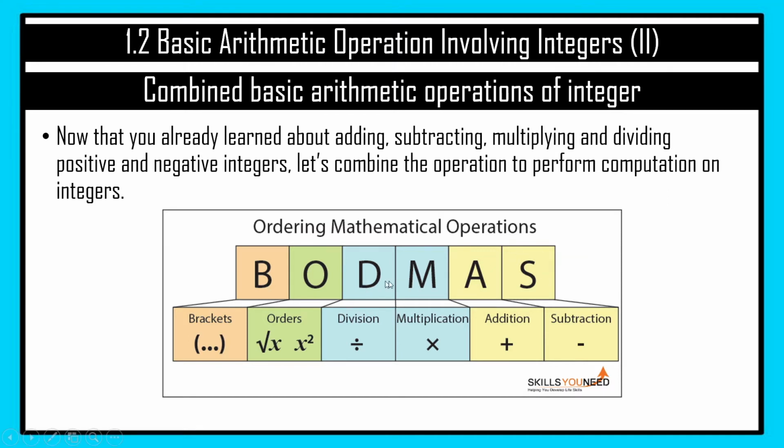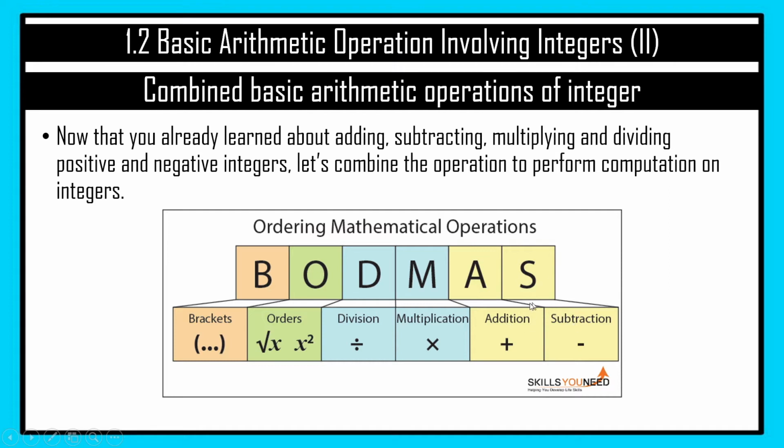Next we are going to see D and M, division and multiplication. These two operations are on the same level. So if you happen to see division or multiplication, any of them can be done first, from left to right. The last ones of the order are A and S, addition and subtraction.